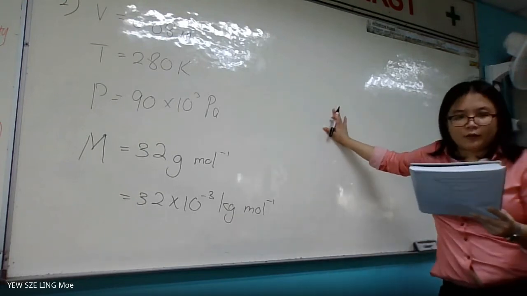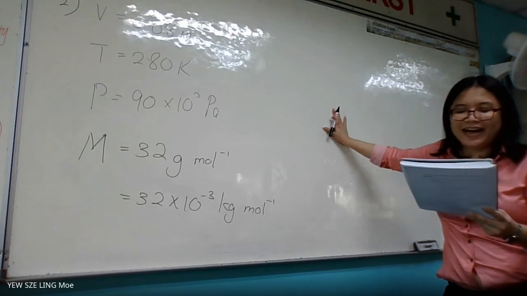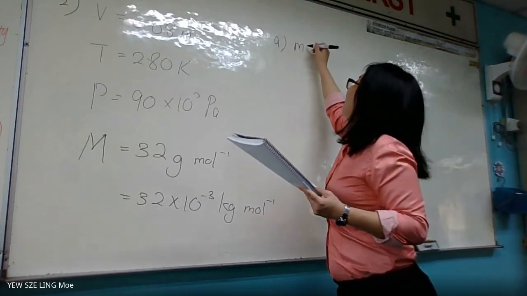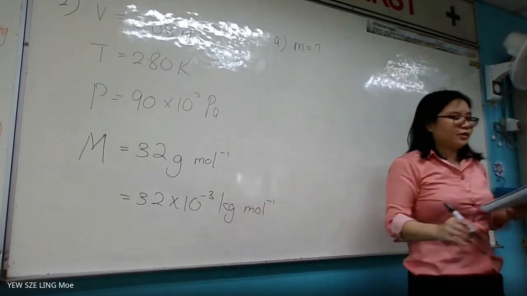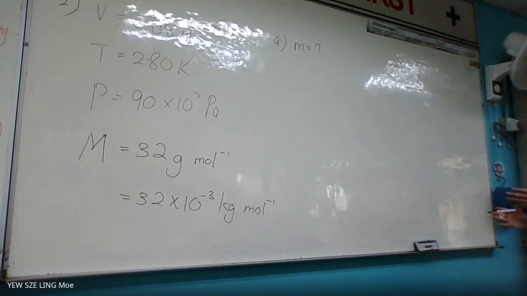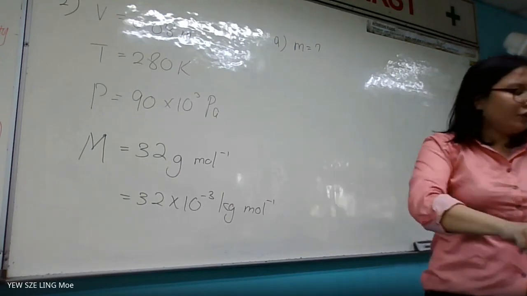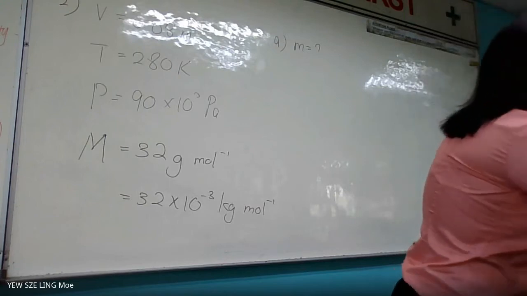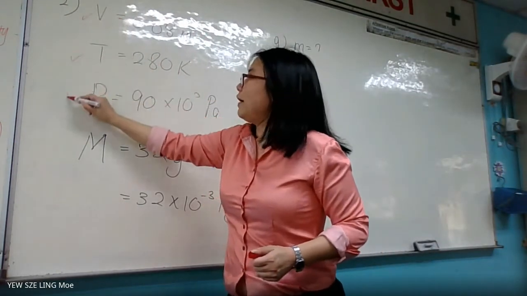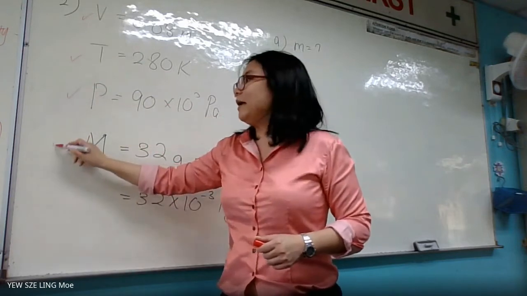Now, let's look at question A. Question A asks you to determine the mass. How are you going to determine the mass in a cylinder? If you look at the information given, now you have V, you have T, you have P, and then you have a molar mass.